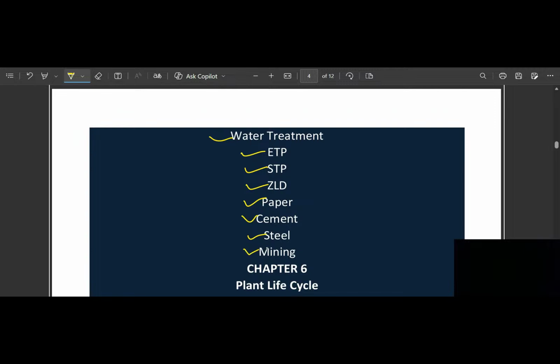All these industries require process engineers.